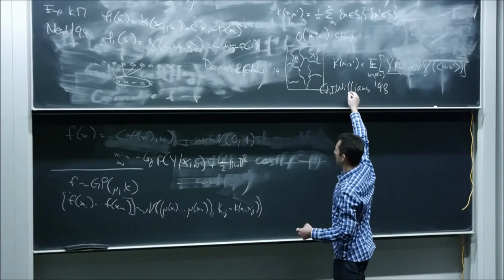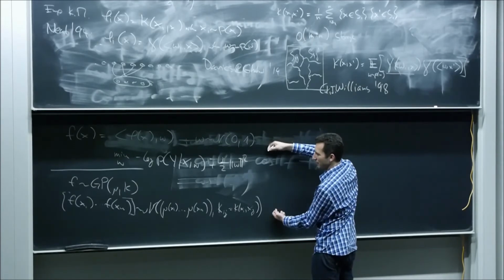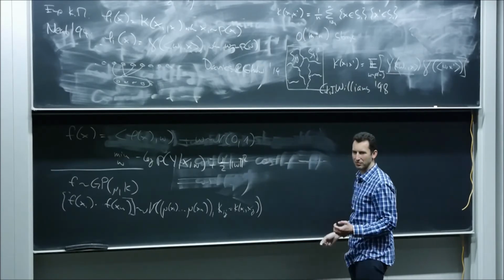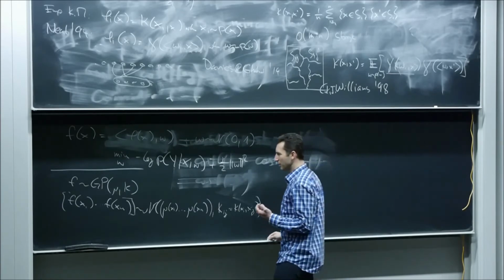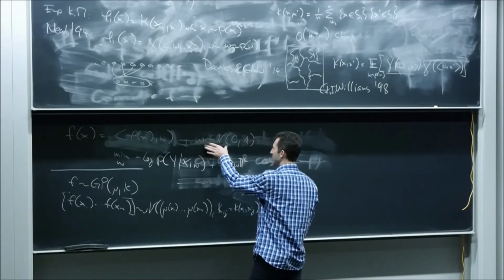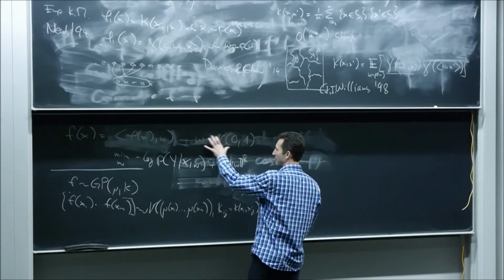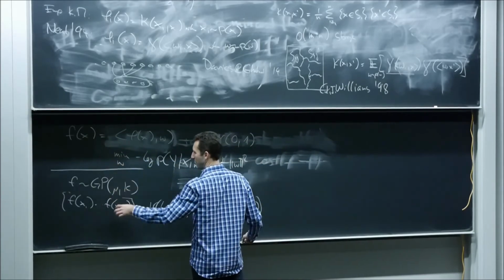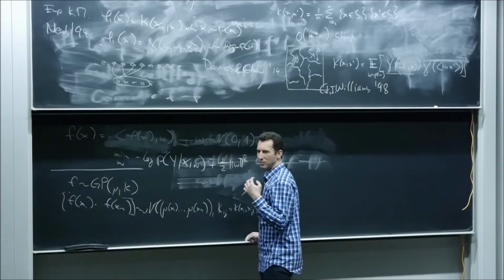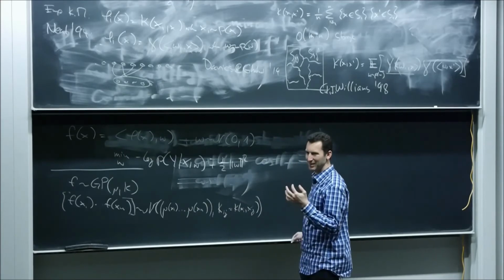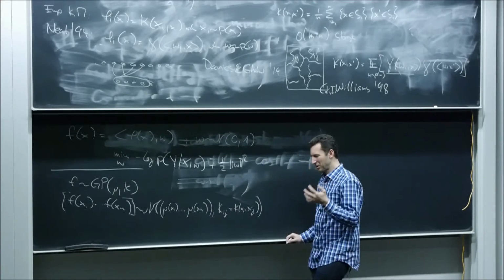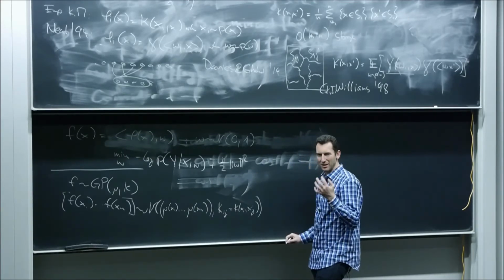So what this paper showed is that those two things are equivalent. And here's how it goes. First of all, if this is my assumption, then f of x1 through f of xn are clearly going to be Gaussian, just because I'm linearly transforming a Gaussian, and this will hold for any index set.